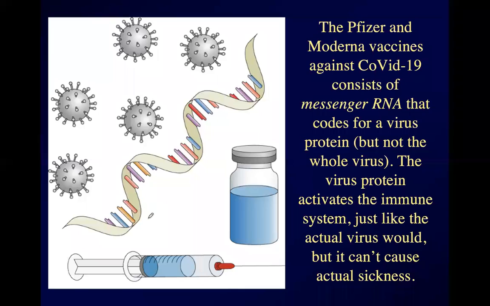So your body thinks it's been attacked by the actual virus, and it makes antibodies against those virus proteins. And then the memory cells can last long enough that if you get attacked by the real virus in the future, your immune system can spool up very quickly and fight it off before it's had a chance to make you sick.